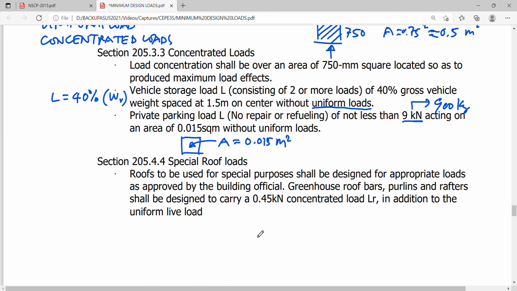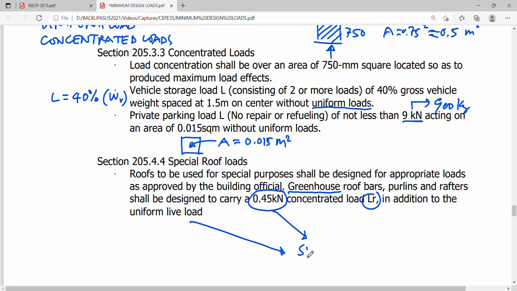So for special roof loads, roofs to be used for special purposes shall be designed for appropriate loads as approved by the building official. But for greenhouses, which is a type of special roof, then the roof bars, the purlins, these rafters shall be designed to carry automatically 0.45 together with the uniform load as set forth.